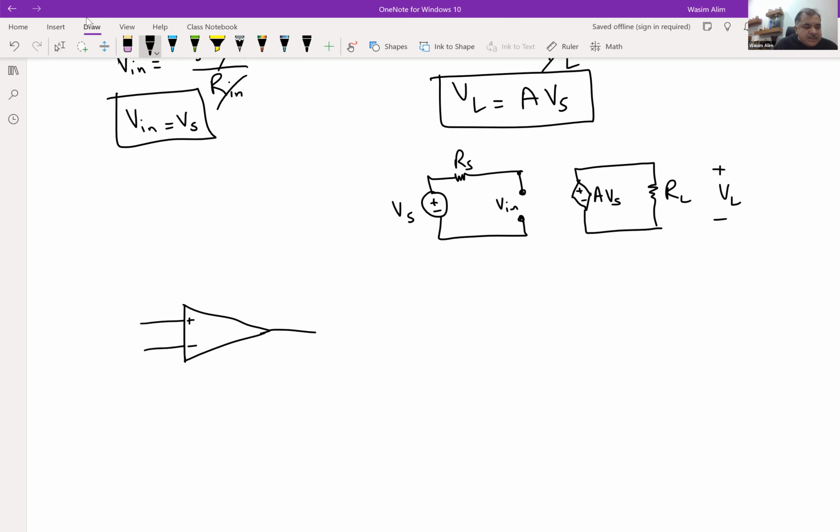So this one is the non-inverting input, and the negative side is the inverting input. And this is the output side.